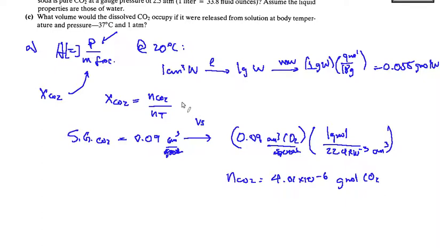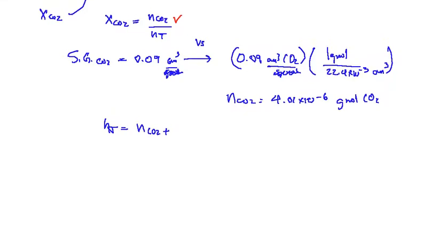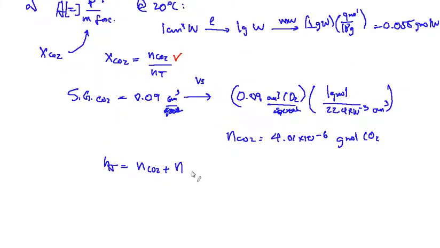So I got this, and the total, let's calculate it. The total is only N CO2 plus these moles, which is the moles of water. I don't know why I'm writing this, because I know it's nothing, so I could just throw it away, but I'll put it.